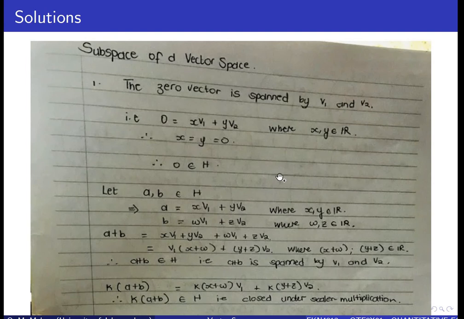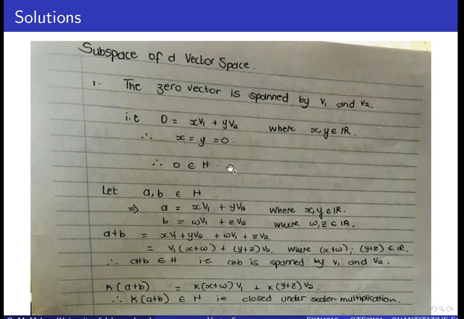For instance, the zero vector is spanned by v1 and v2, right? I can express 0 as a linear combination x v1 plus y v2, where my scalars x and y are both equal to 0.